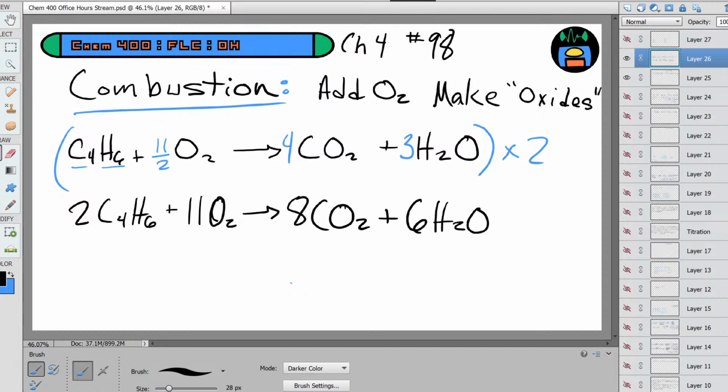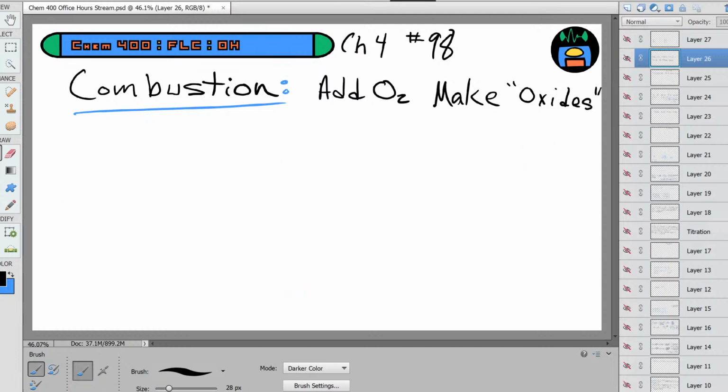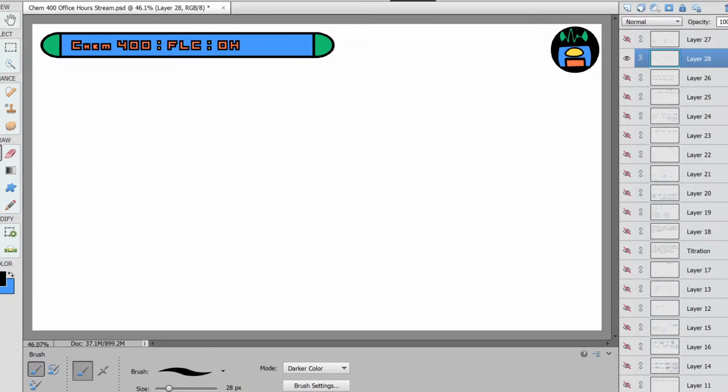Okay, the last problem is a great kind of brain teaser. This is from chapter 4, number 100. Great number.